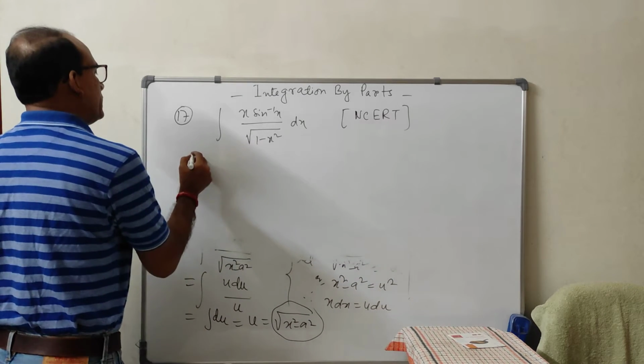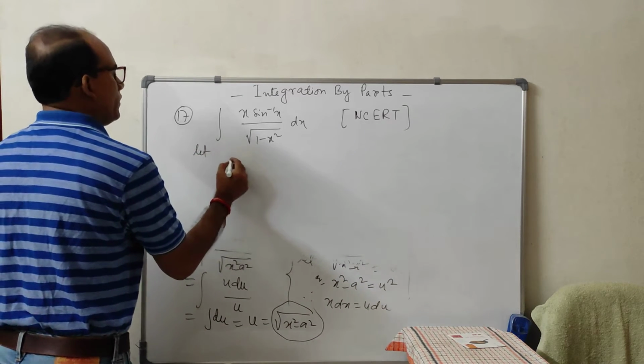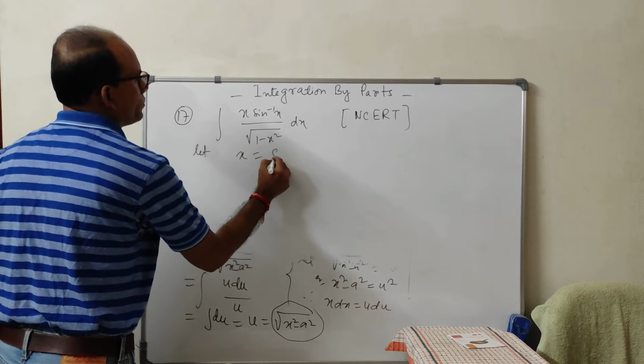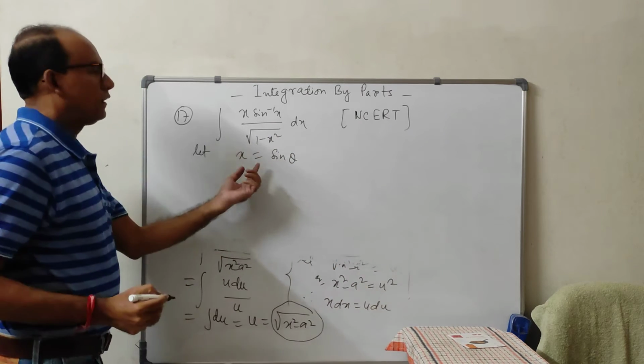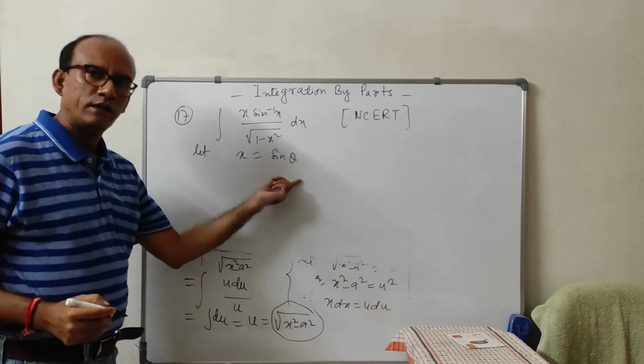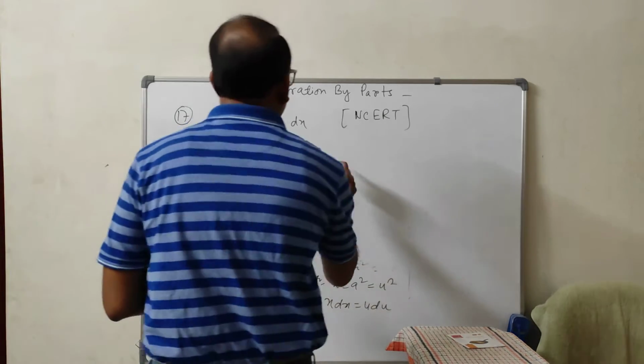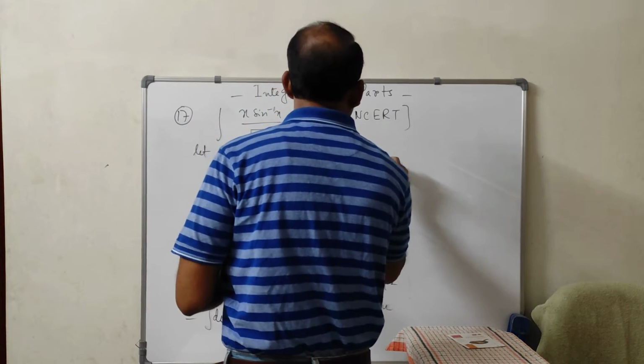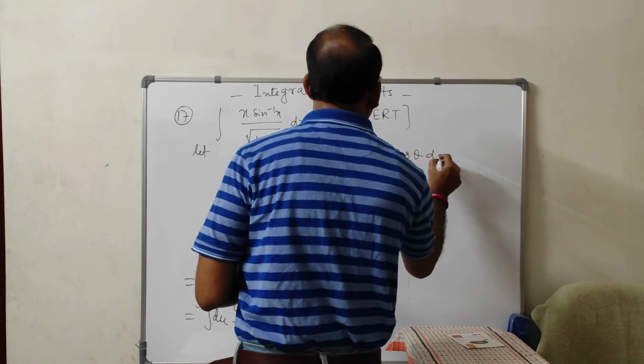Okay, first let us substitute x equals sine theta. Here x is the old variable and theta is the new variable. Okay, then take differentials, dx equals cos theta d theta.